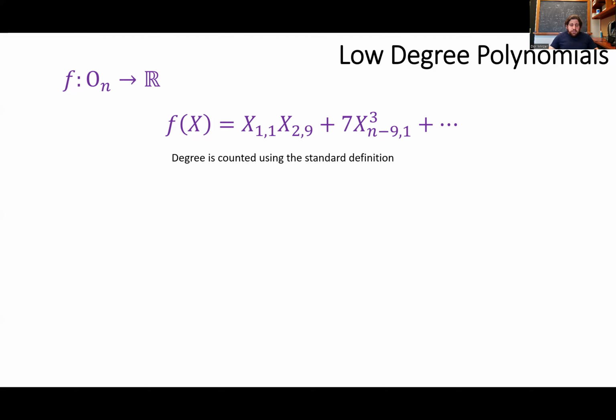It's just the degree of the polynomial. And once you have polynomials, you can measure norms of them. So you can define the Q norm of f, which, if you raise it to the power Q, is the expectation of f(x) to the Q when you sample X according to the Haar measure over O(N).